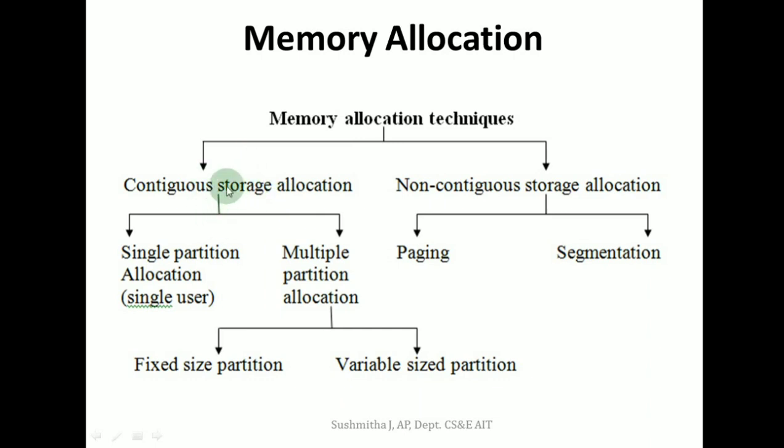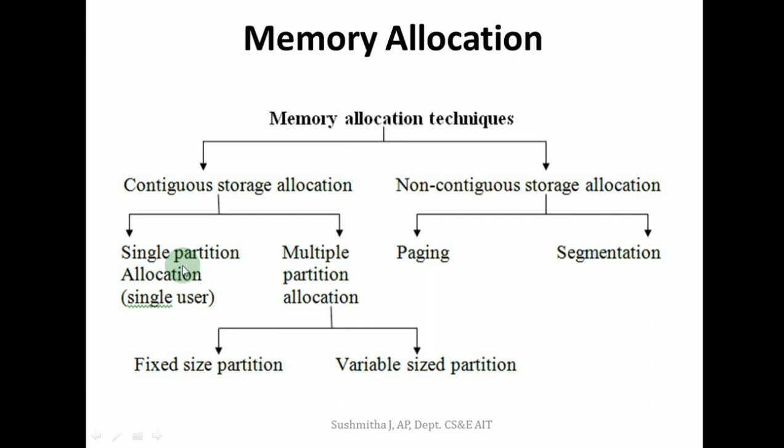Now talking about contiguous memory allocation, which we started in the last class. We have discussed what is single partition. There is a single whole partition that is available for the user process. That is one of the simplest implementations.